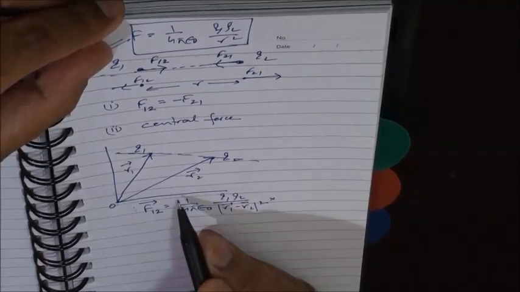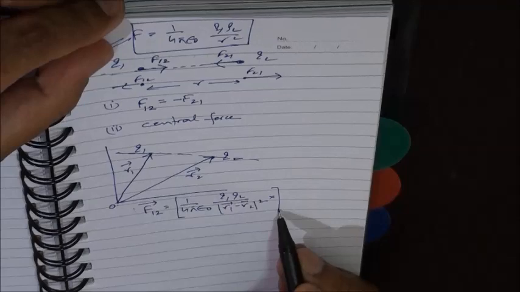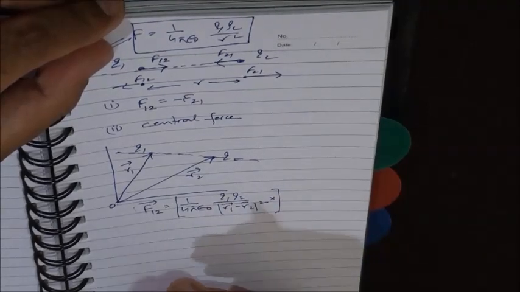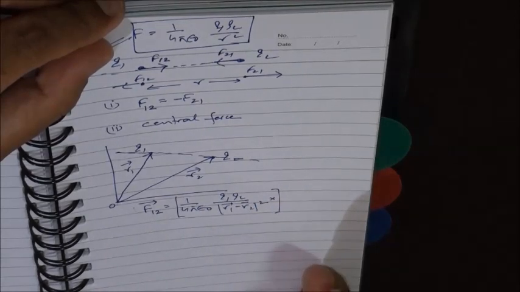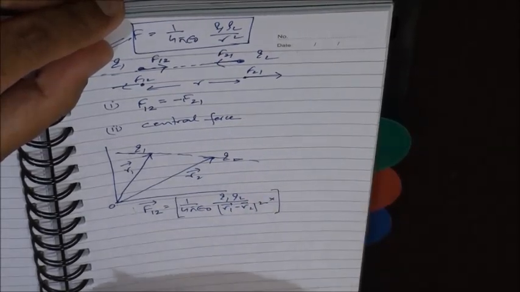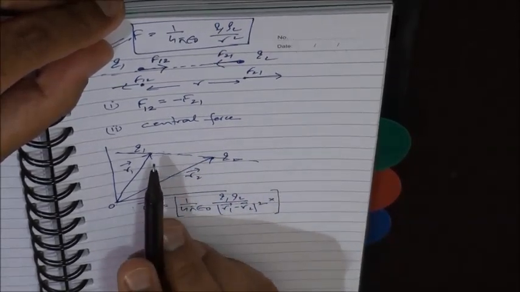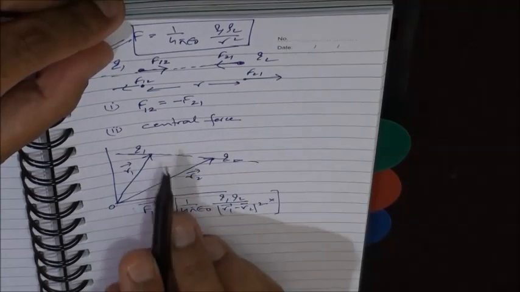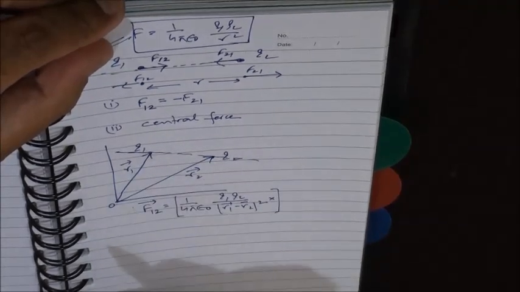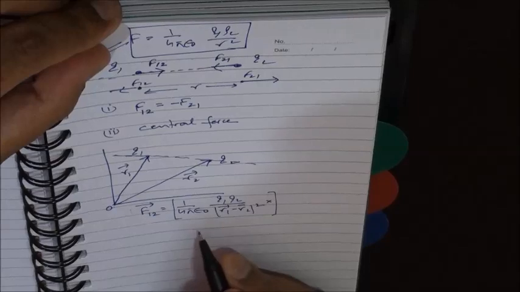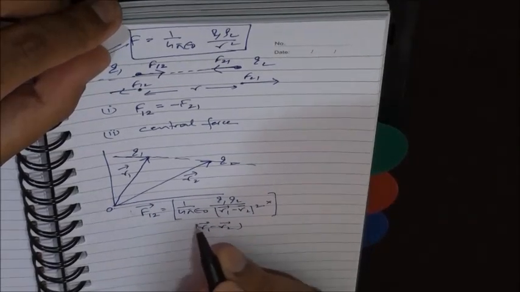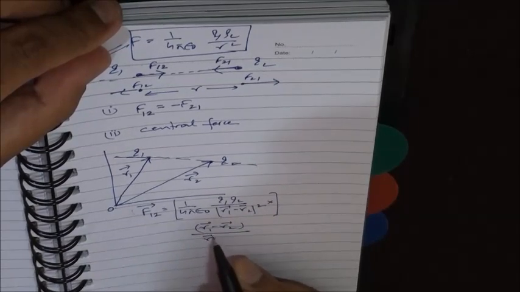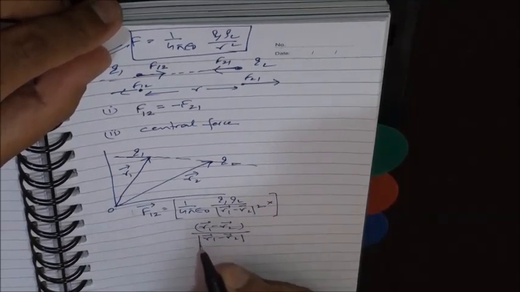This is the magnitude of this force and I need to give a direction. Whenever we have magnitude and we want to give direction to it, how? We multiply it by a unit vector. So I need a unit vector for q1 with respect to q2. It is r1 minus r2 divided by magnitude of r1 minus r2.